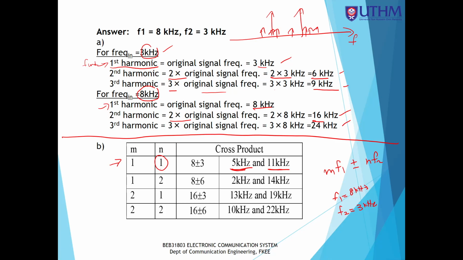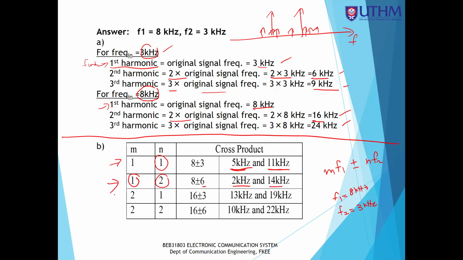Second row, M equals 1, N equals 2. So 1 times 8 plus minus 2 times 3, which is 6. So 8 minus 6, we get 2 kilohertz. 8 plus 6, we get 14 kilohertz.